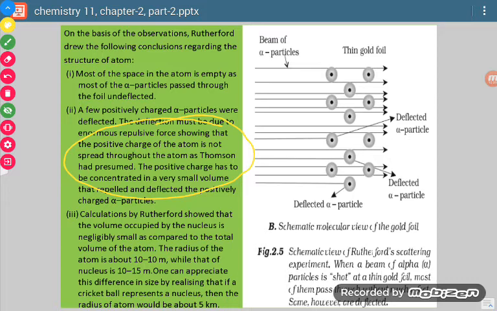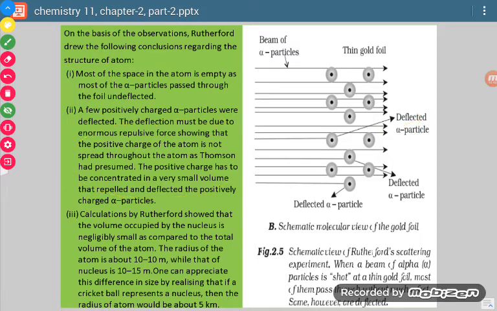When the alpha particle comes near the center of the atom, where the whole of the positive charge is present, it feels repulsive force and gets deflected by a small angle. So there is deflection by a small angle.